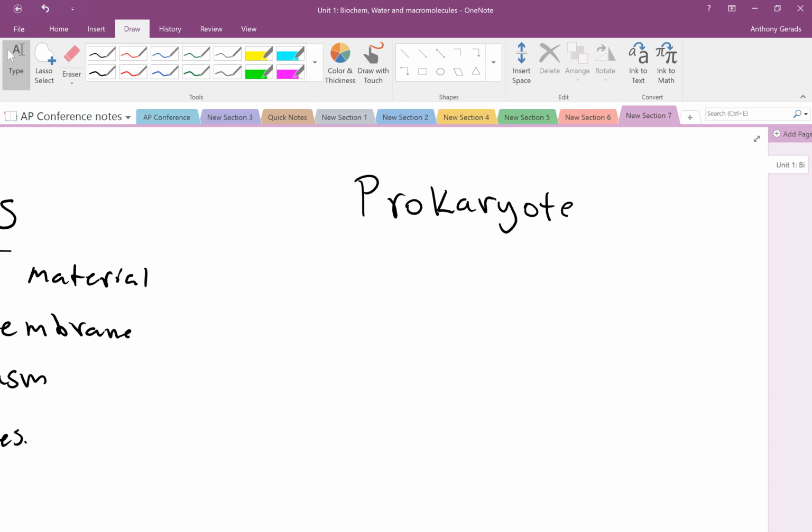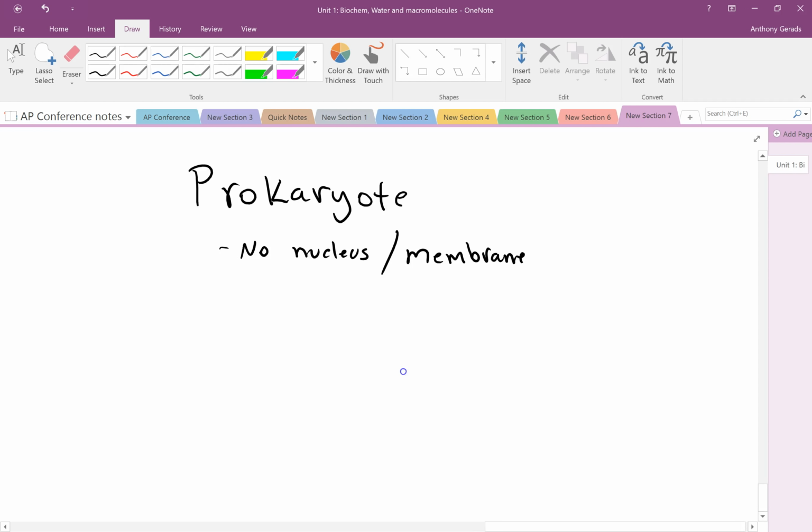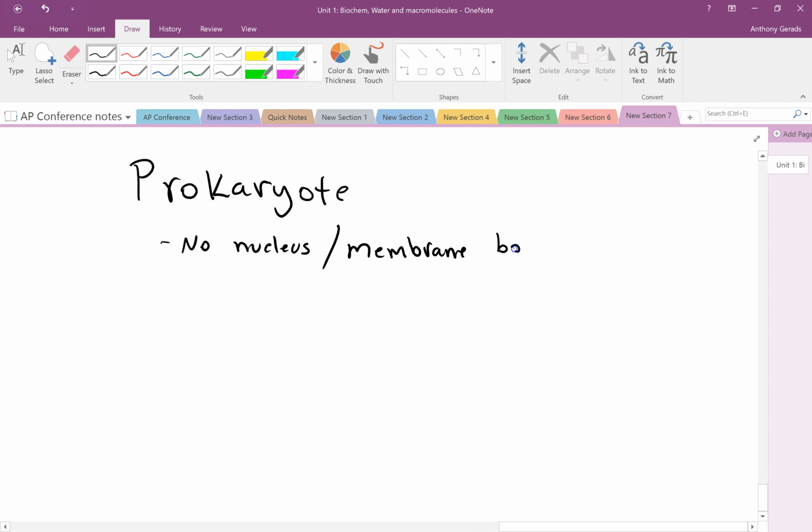All right. So one of the big things that we're going to write about here is, prokaryotes have no nucleus or membrane-bound organelle. Organelles that have a membrane on the outside, they have a phospholipid bilayer.